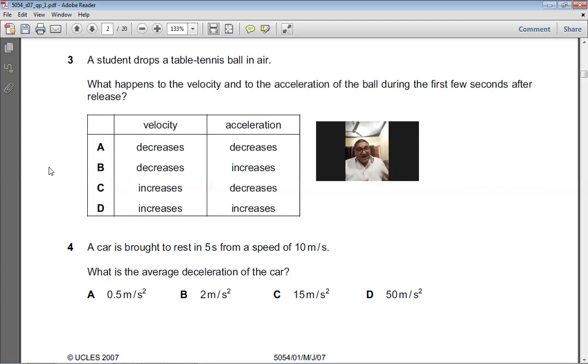At the start, the resultant force is equal to the weight, and there is no air resistance. But as the body is falling down, its velocity is gradually increasing, and due to that, the air resistance acting on the body is also increasing. So the resultant force acting on the body is decreasing.